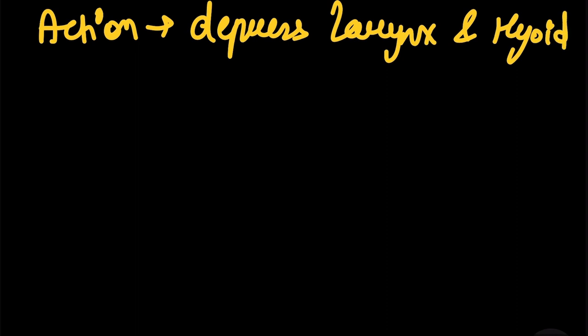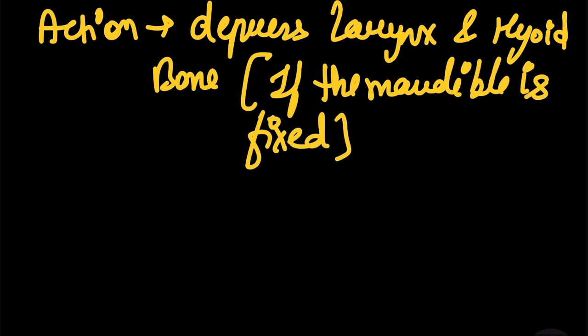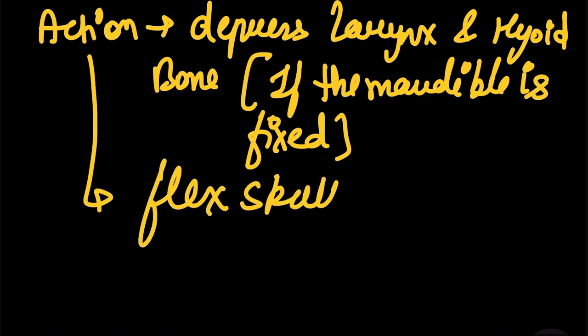It first depresses larynx and hyoid bone, in the condition that the mandible is fixed, like if the mandible is not moving, and another function is that it can flex our skull. So sternohyoid we have completed.